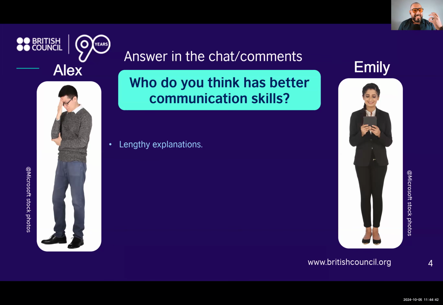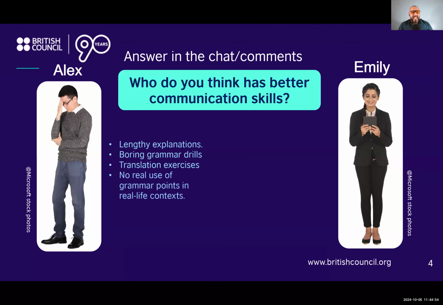Why? Because his teachers use lengthy explanations, they lecture, they use boring grammar drills and meaningless translation exercises. And there is no real use of grammar points in real life contexts. So learners are only prepared for the test, not for communication.